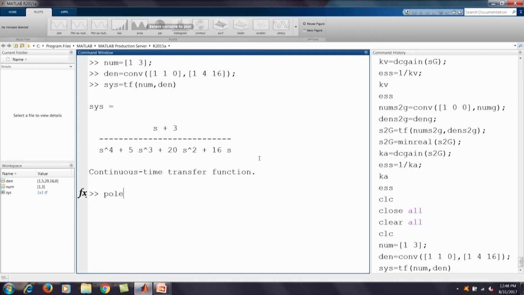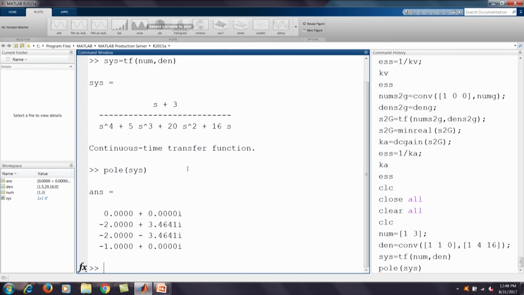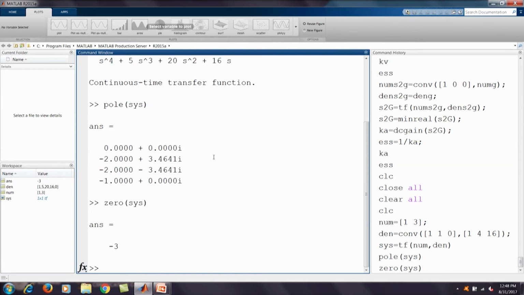Now if we calculate the poles of the system, we get 0, -1 and these two complex poles, and the zero, so the open loop poles and open loop zeros, that is -3.